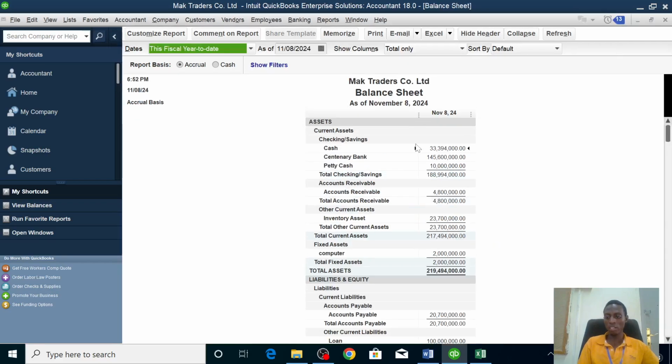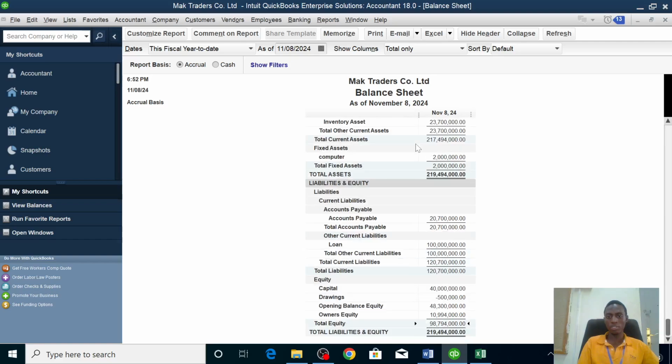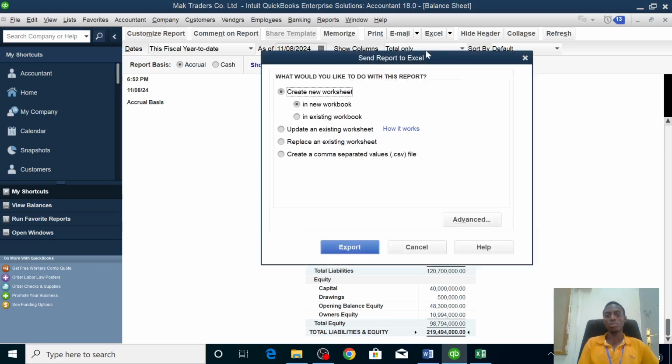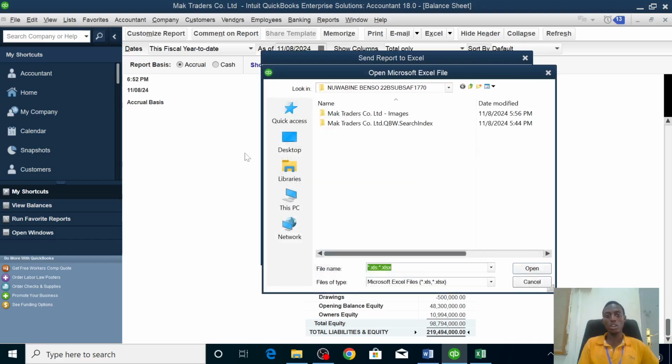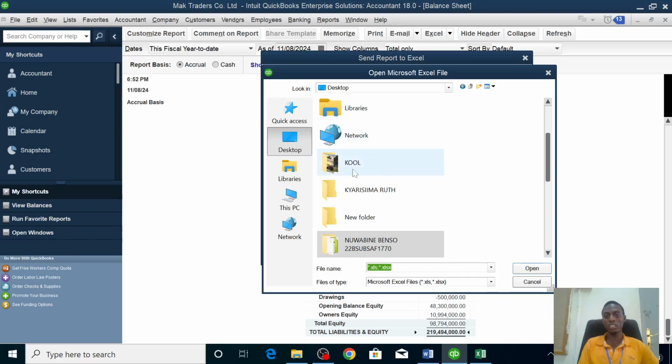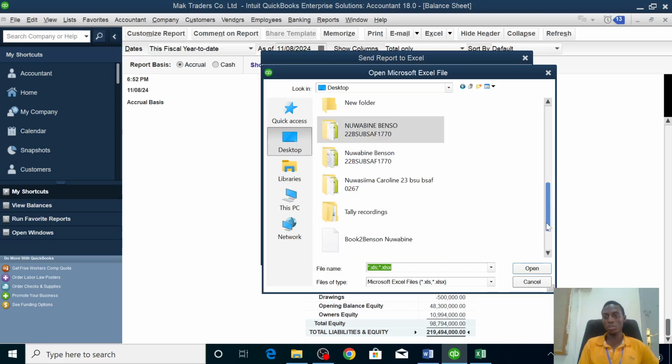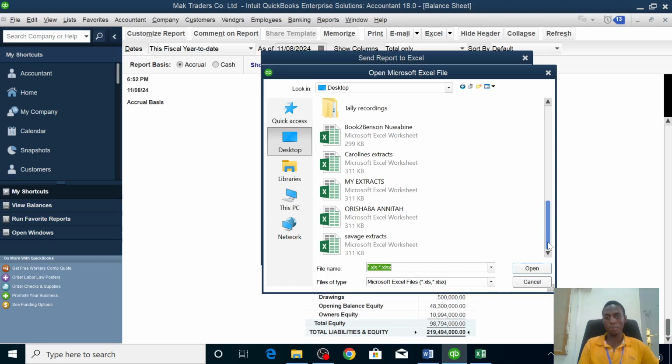It's right here, and its balancing is 219,494,000 UGX. I come to Excel, create a new worksheet. I come into existing worksheet and I browse my file that I have just saved. It was on desktop, and it's right here.